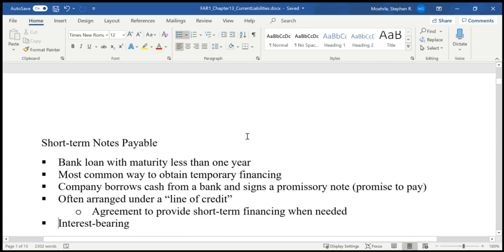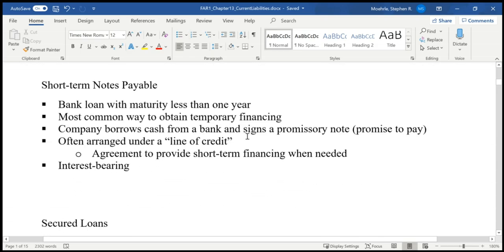Short-term notes payable. That's another type of current liability that might arise. These are bank loans, typically loans with any counterparty, but they have a maturity less than 1 year. This is the most common way to obtain temporary financing.